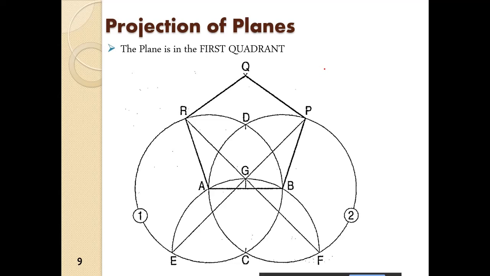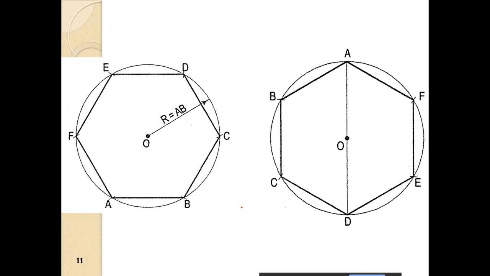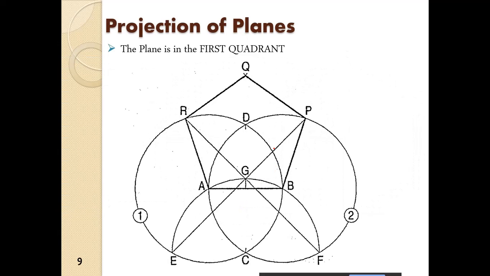Then in the exam you have to draw this pentagon and this hexagon. All right, so in the last class I told that I will show some methods of drawing pentagon and at least one method of drawing hexagon.